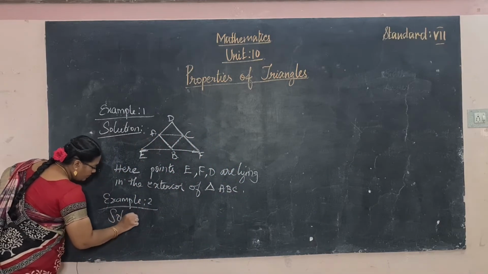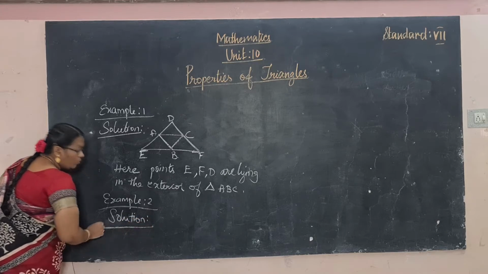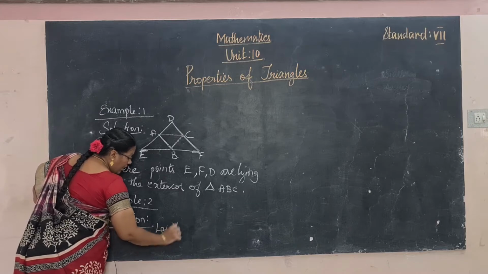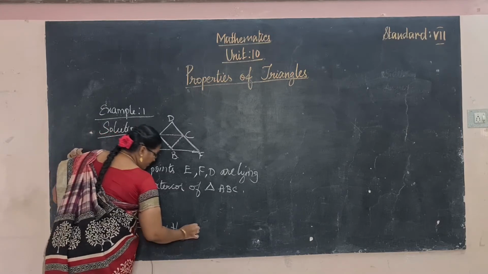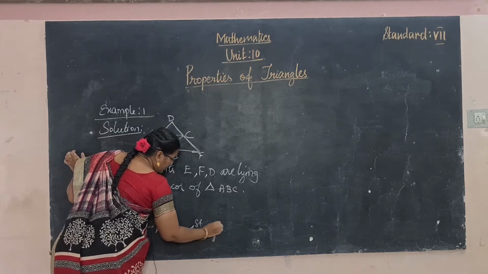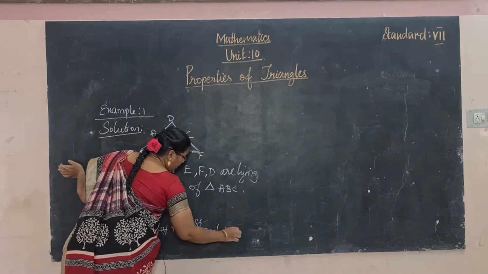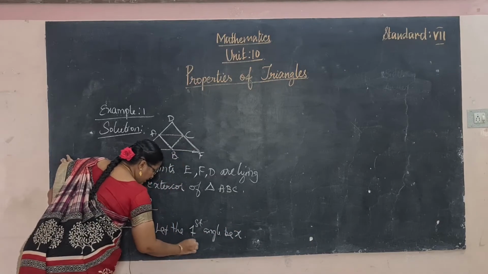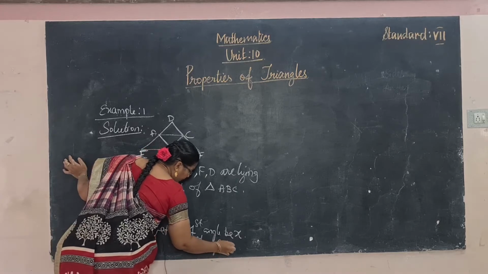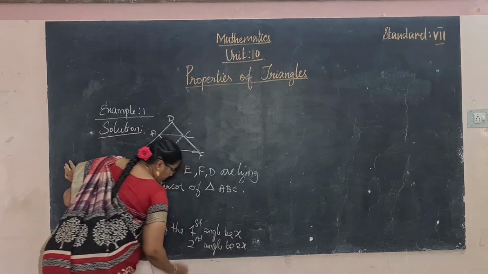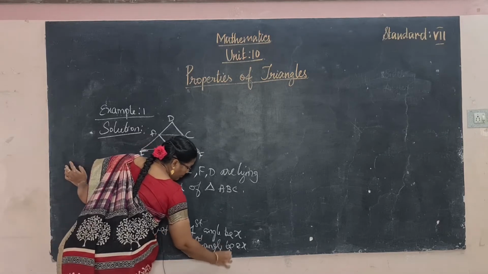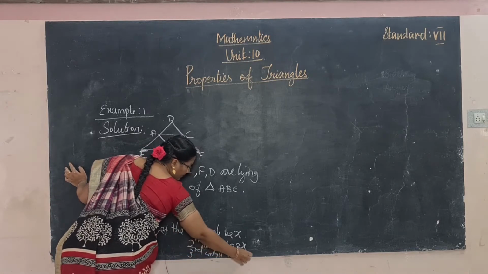Solution: the ratio 1:2:3 is given. So let the first angle be x, the second angle be 2x, and the third angle be 3x.